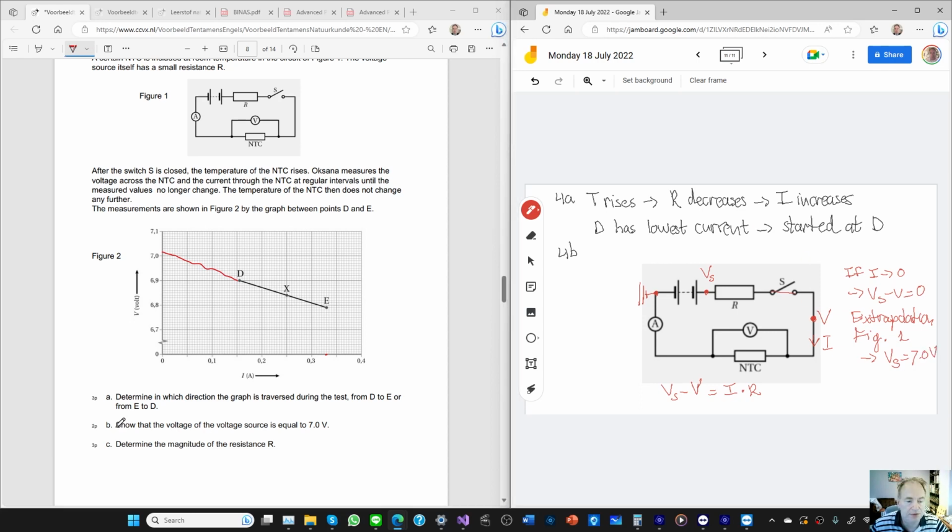Determine the magnitude of the resistor R. Okay, well, we already did this simple node analysis. So the difference between the source voltage and the voltage across it is I times R. And let's just apply it to one of these points here. Let's just take point E.